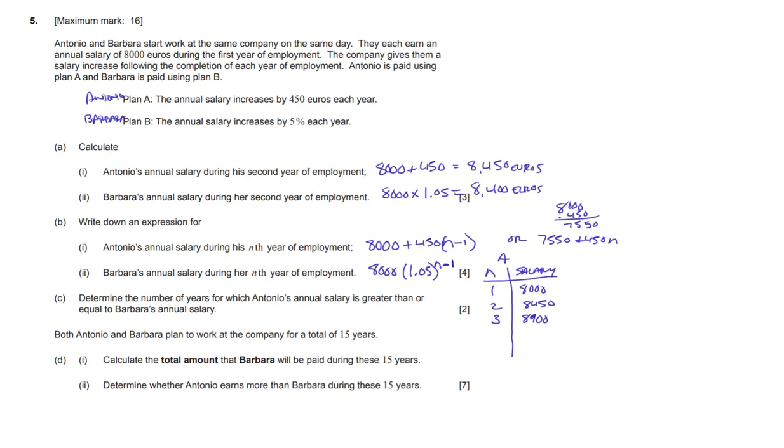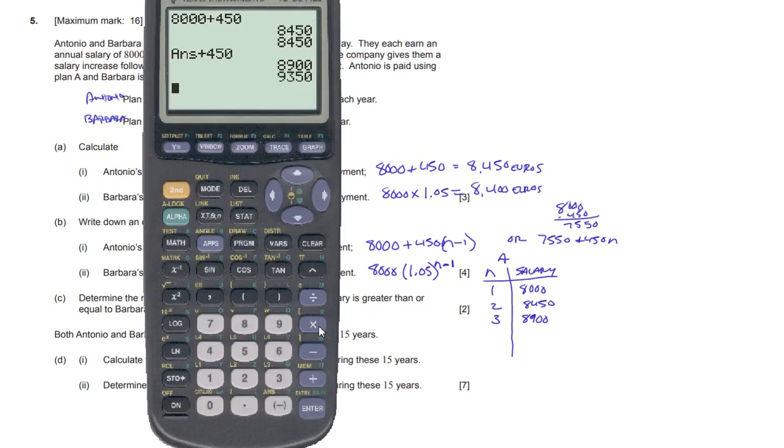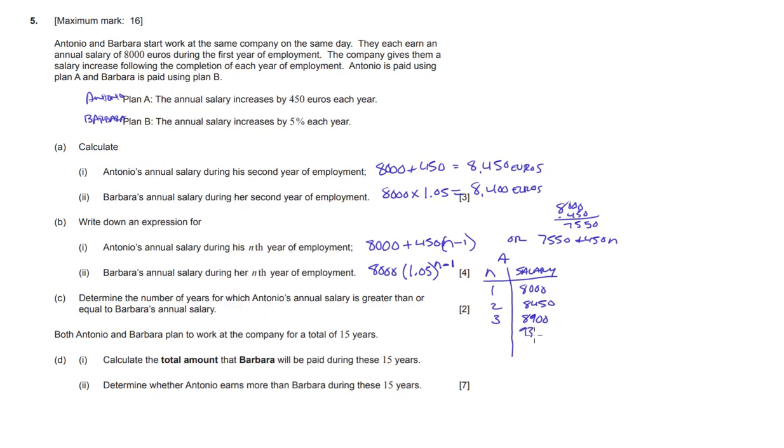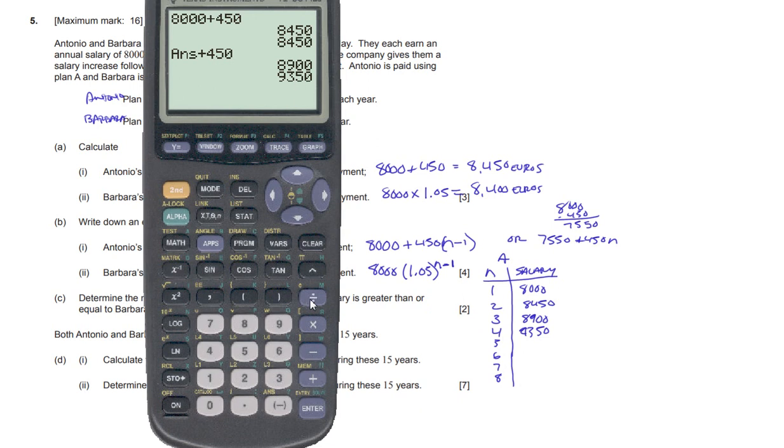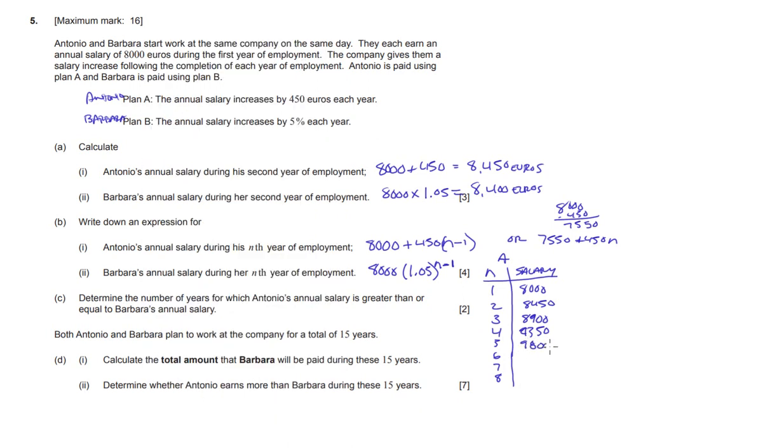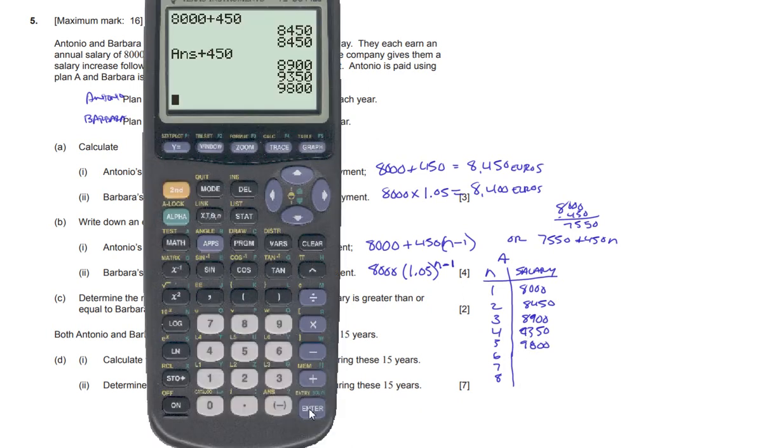Now on our calculator, when we push enter again, it should add another 450 each time. 9,350. This is pretty straightforward and pretty fast. 9,800. 10,250.